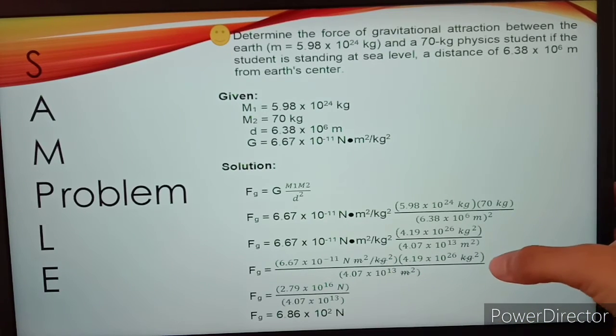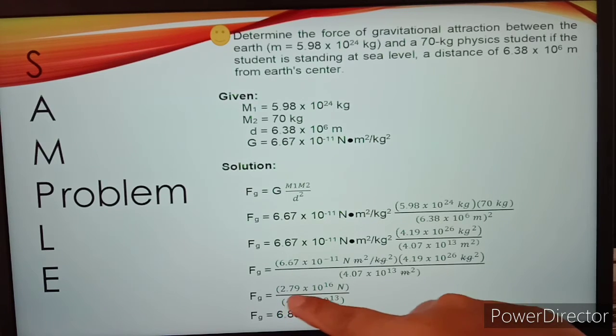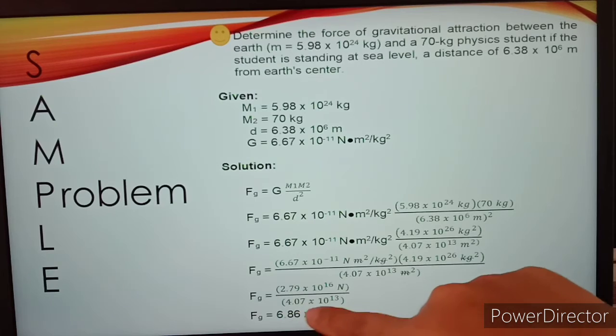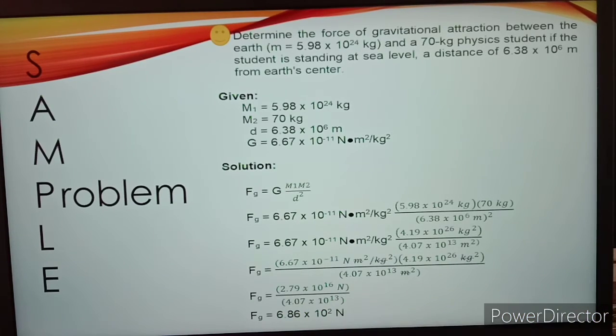The product of the values in the numerator is equal to 2.79 times 10 raised to 16 Newton. And for the denominator, we have 4.07 times 10 raised to 13.